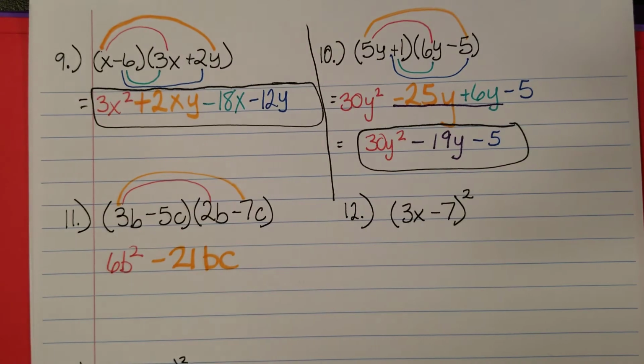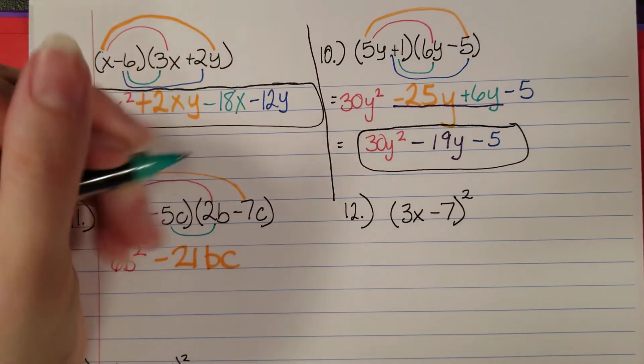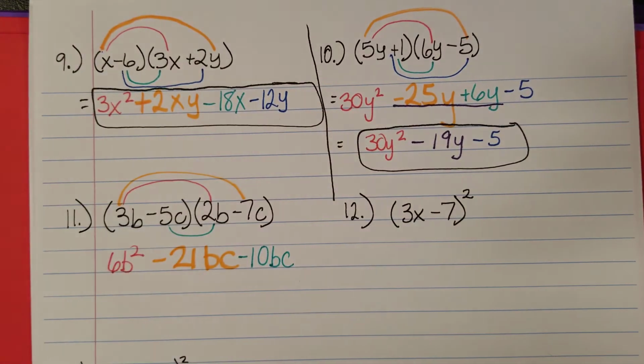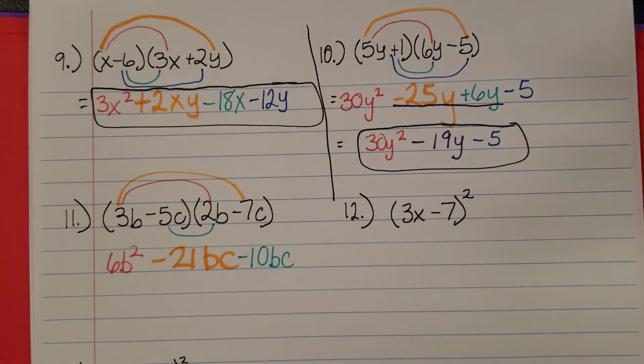And inside, negative 10bc. You could say CB, but it's just the same thing, and it's just kind of traditional to go in alphabetical order.